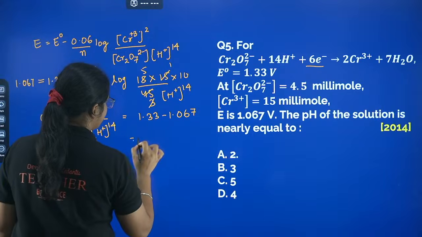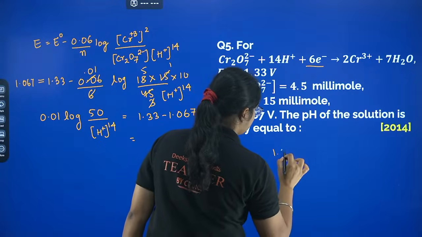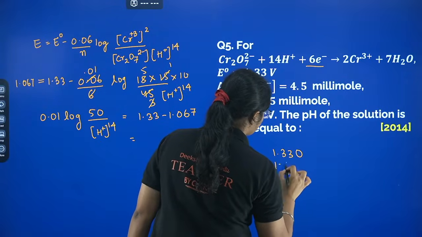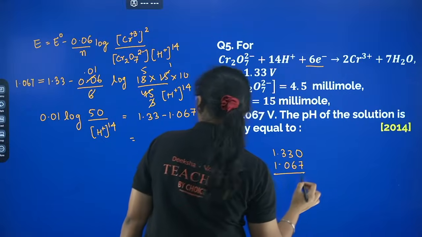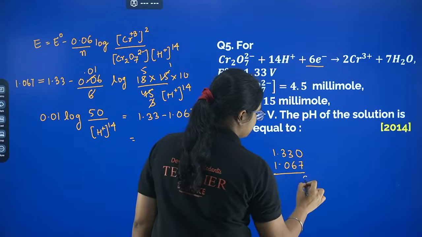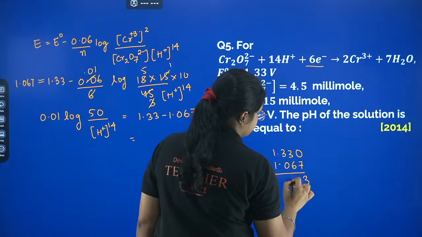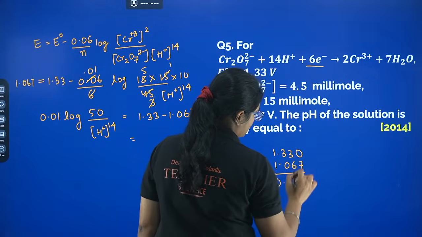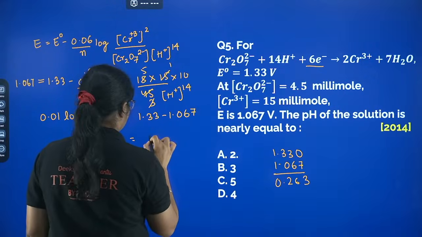So I'll subtract this value. 1.330 minus 1.067. That will give me 10 minus 7 is 3, 12 minus 6 is 6, 2.0. 0.263 I'll get here.